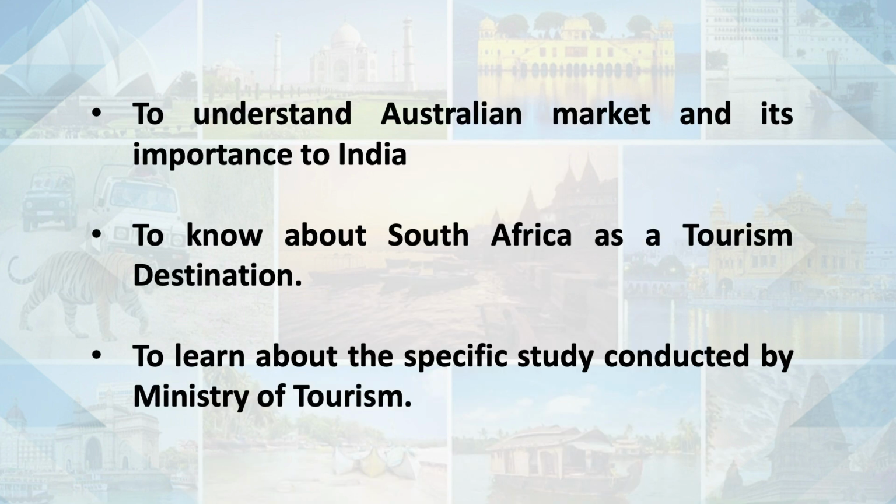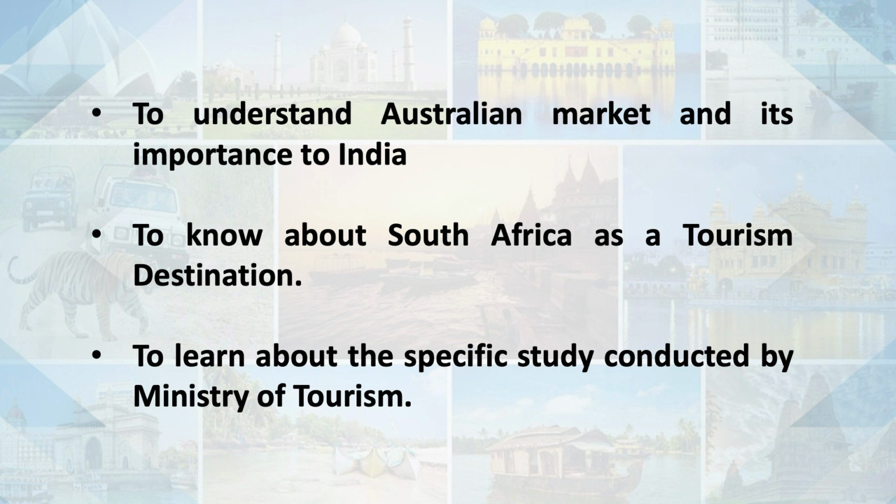So far as objectives are concerned, you will get an idea about Australia, understand the Australian market, and know about South Africa as a tourist destination for India, as well as the specific study conducted by the Ministry of Tourism.